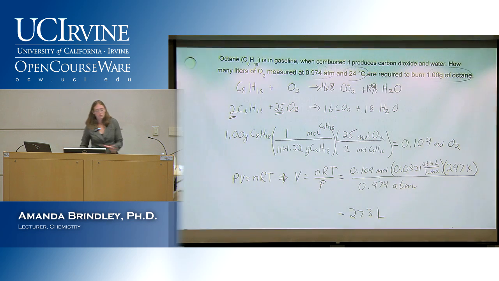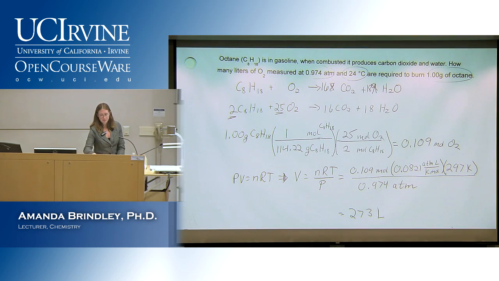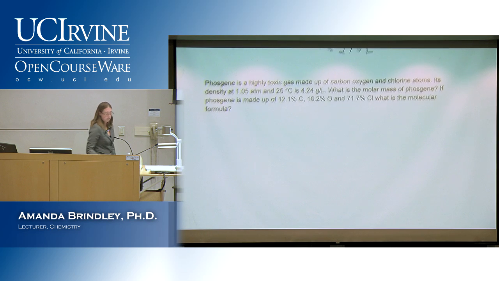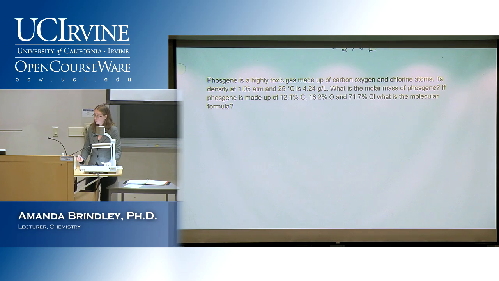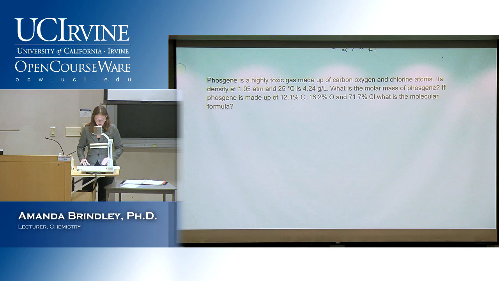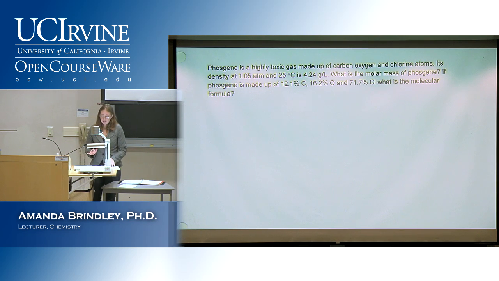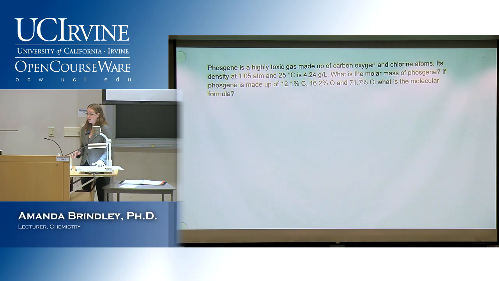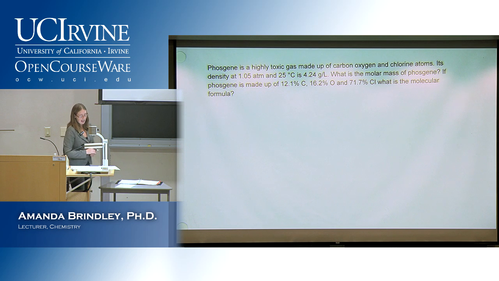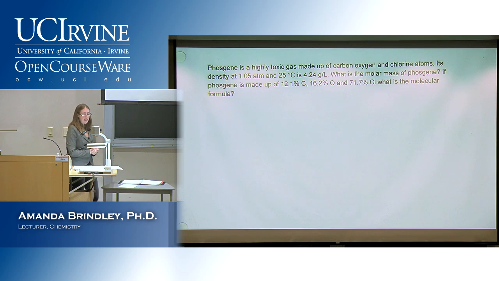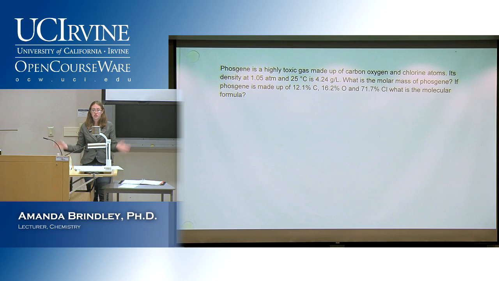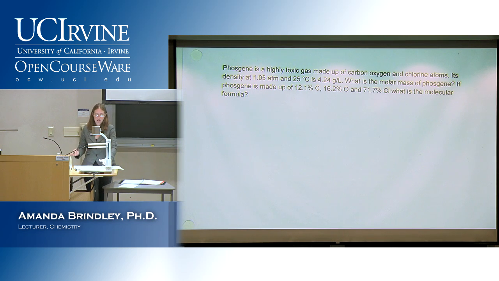Okay, best way to explain this is by doing an example. This is a little bit of a long example, so you may want to have an extra sheet of paper around to add on to it. So we have phosgene. I just give you the name. This obviously isn't a name that you would have to know. It's a colloquial term for it.